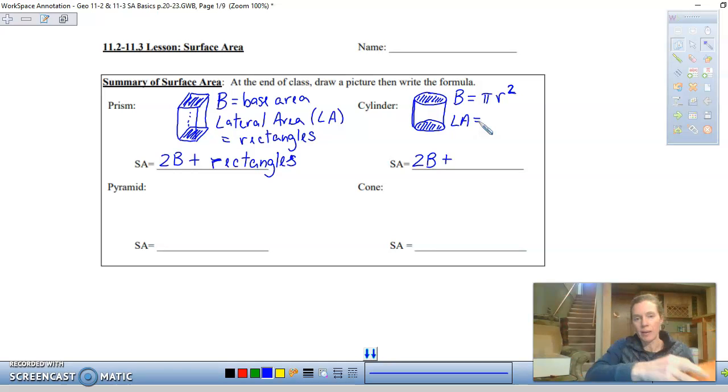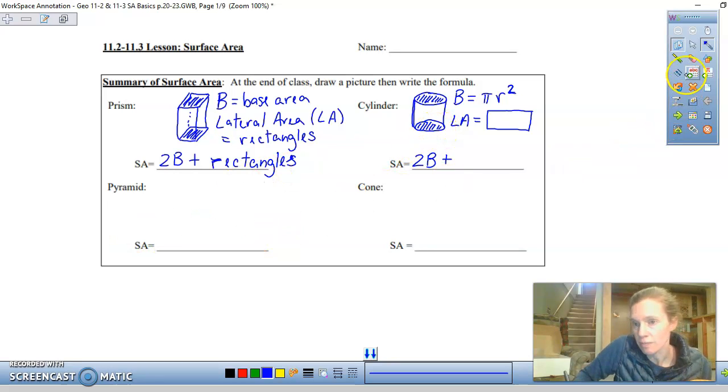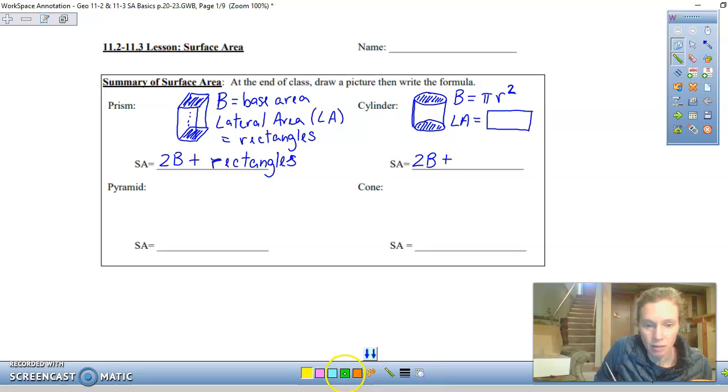So what you have to think about is the lateral area here, as I just showed you, wraps around the base. So if you can imagine, let me highlight it, this part right here would wrap around the base. Well, what I just drew there was the circumference of the base.